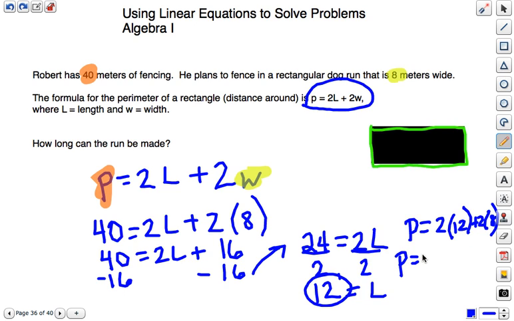So P equals 2 times 12 is 24 plus 16. Grab a calculator if you're not sure, but 24 plus 16, if we add those together, we do in fact get 40. So that checks out. We always want to check our work just to make sure that our answers are reasonable. So we know that the run can be 12 meters.